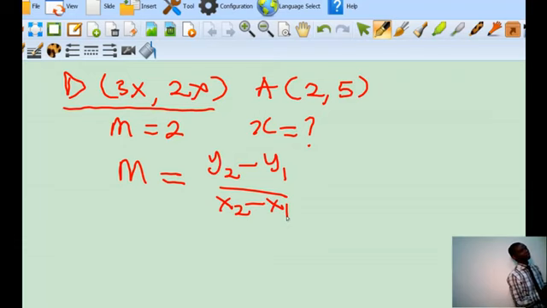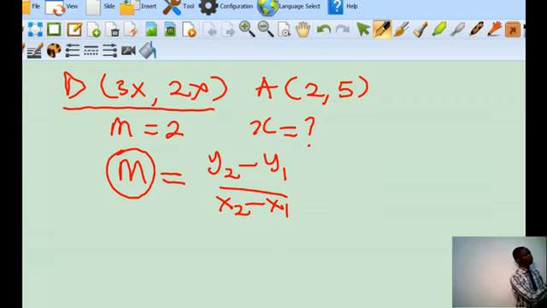And from these 2 points, we can obtain our x1, y1, and x2, y2. We have gotten from the previous solution that our m is 2, and being collinear, it means that this point has 2 as its gradient too.